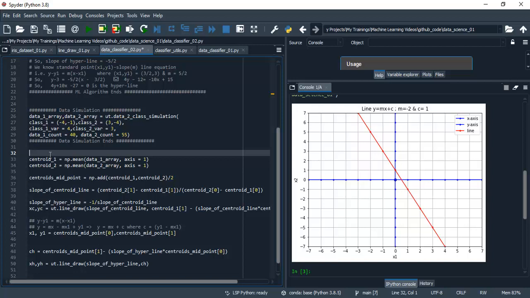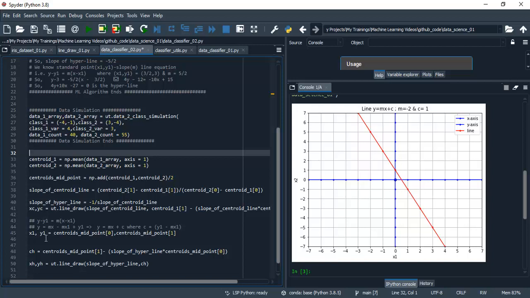So we have collected the xc and yc, that means the centroid line's x coordinates and y coordinates, and if we try to plot, I think we will get one line. We will see that. Then x1 and y1. What are this x1 and y1? Because we want to show the centroid midpoint, we have put that in x1 and y1.